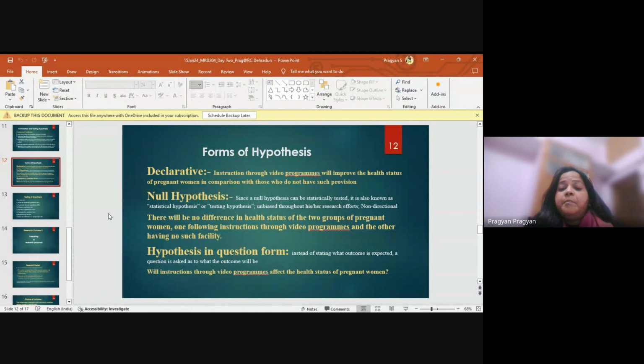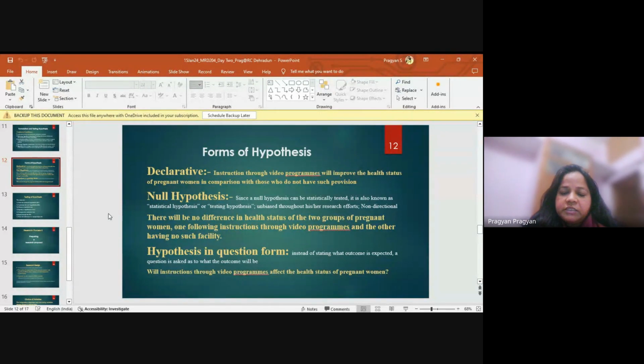But yes, by conducting that research, of course you are going to understand that there is some sort of relationship between that audiovisual health awareness program and the outcome of the pregnant women. It is a possibility, because a null hypothesis can be rejected and it can be accepted. Number two, it can be proved significant and it can be proved insignificant.